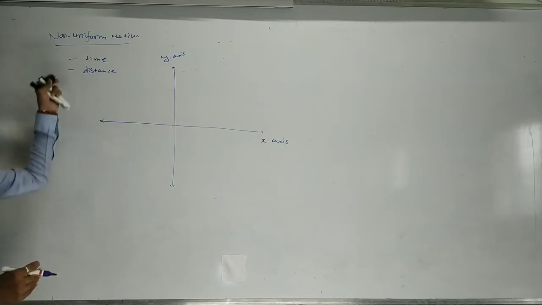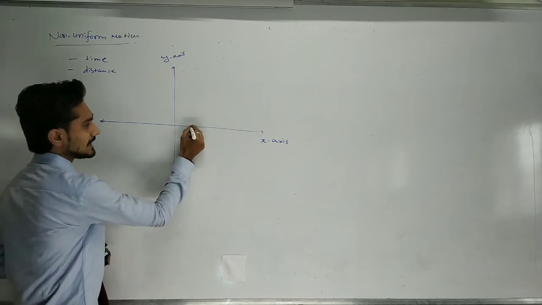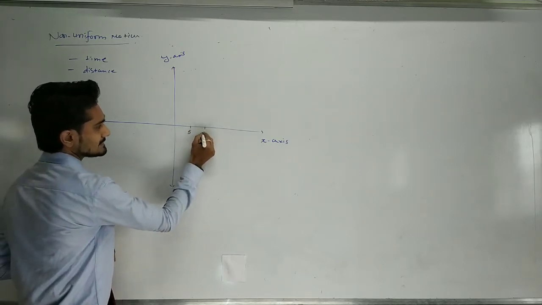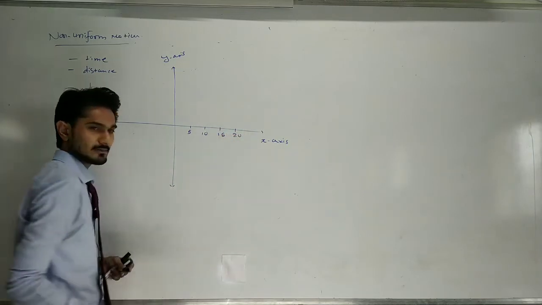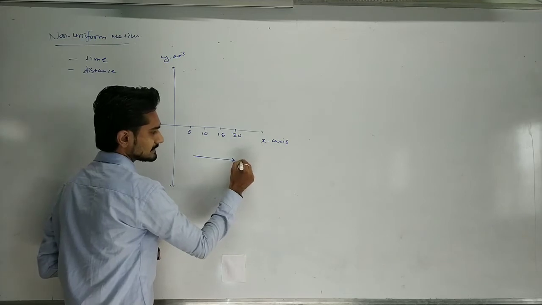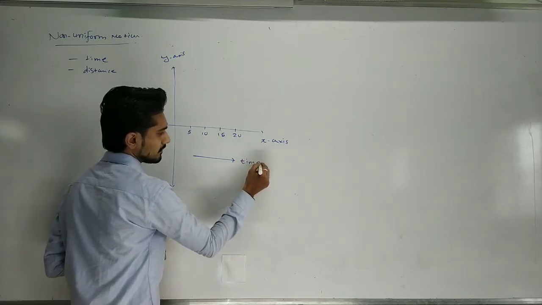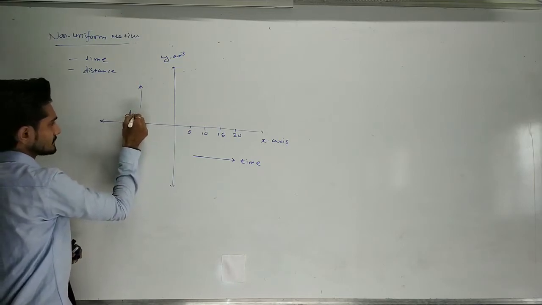So what should I draw on the x-axis? I have to draw time. So first 5 seconds, then 10 seconds, 20 seconds, and so on. This represents the time and this represents the distance.